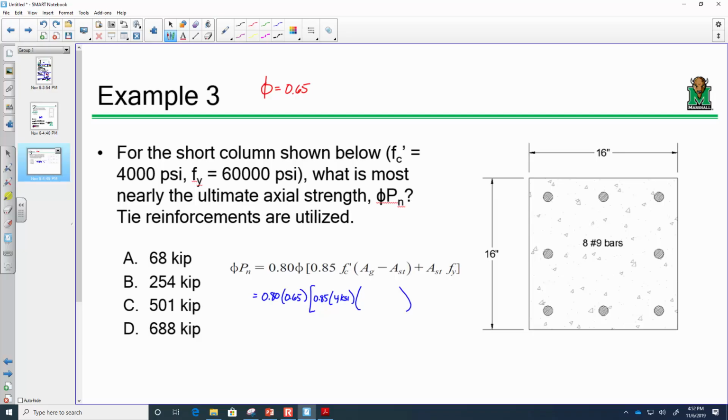So 16 times 16 is 256. So 256 square inches minus, what's the area of the steel, the tensile reinforcement? 8 square inches, because 8 number 9s. Plus 60 KSI, 8 square inches.